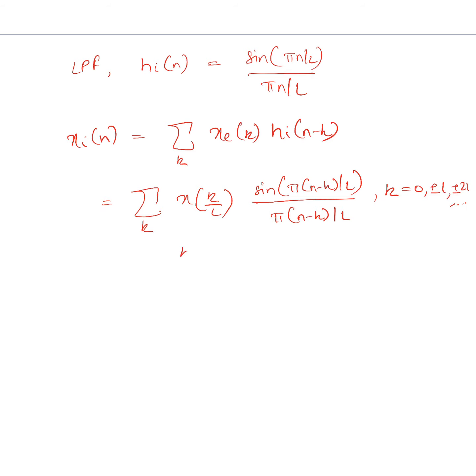Okay, let's substitute k by L equivalent to some k bar.